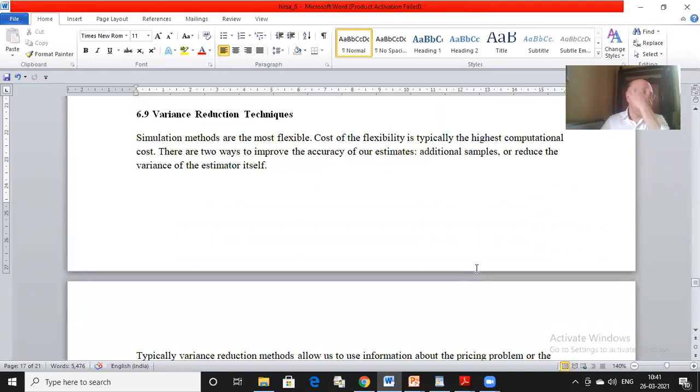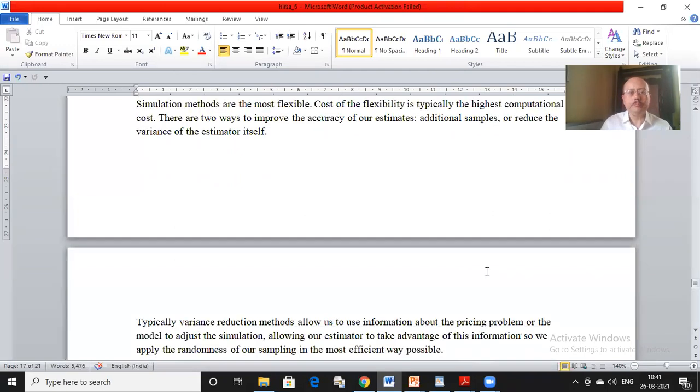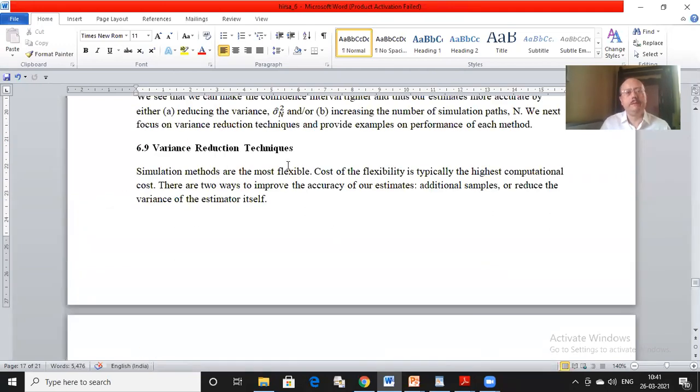So what are the variance reduction techniques that we will be talking about? As I said, simulation methods are flexible, but the cost is typically the highest among all the other strategies. I can improve the accuracy in two ways: I can get additional samples, which is expensive, or reduce the variance.